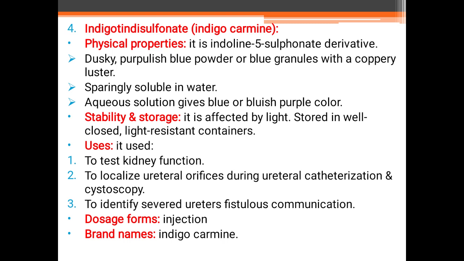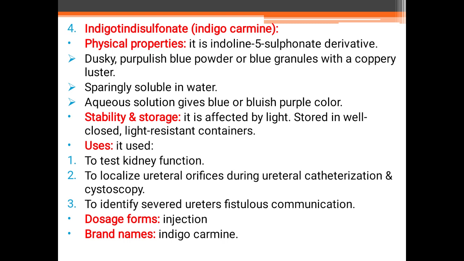Next drug is indigotin disulfonate, or it is also called as indigo carmine. It is an indolene 5-sulfonate derivative. Physical properties are dusky purplish blue powder, or blue granules with a coppery luster, sparingly soluble in water. Aqueous solution of indigo carmine gives blue or bluish purple color.